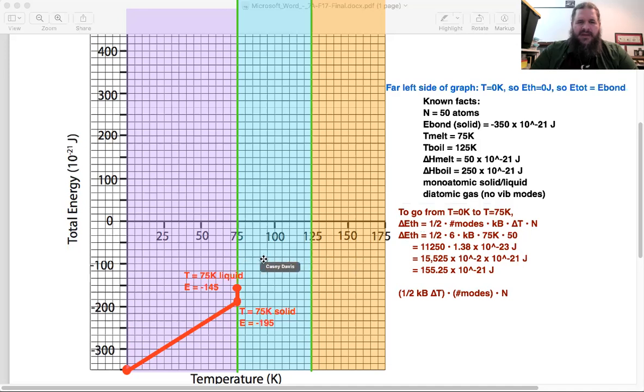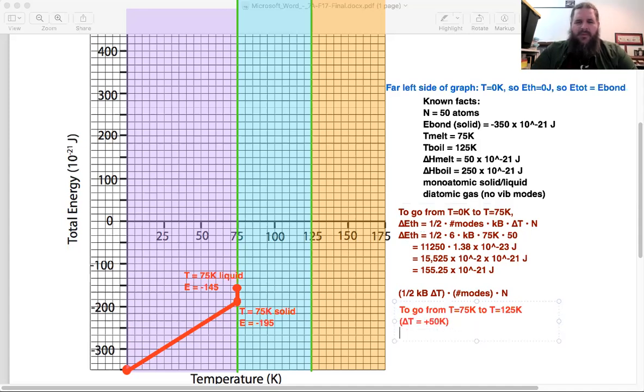So let's take a look at that entire interval all at once. From 75 to 125, what's the change in temperature there? It's at 75 right now? Yeah, from 75 to 125. Oh, it's 50. Yeah.